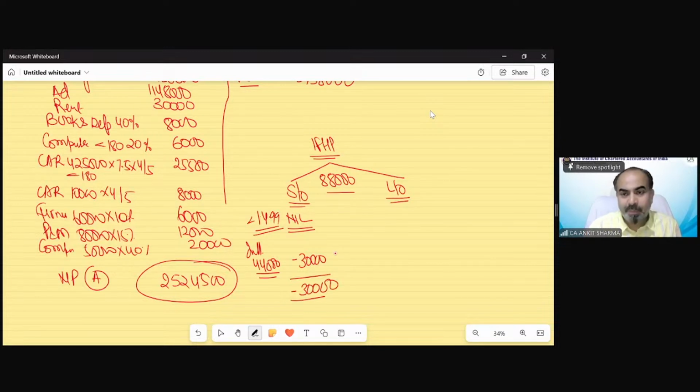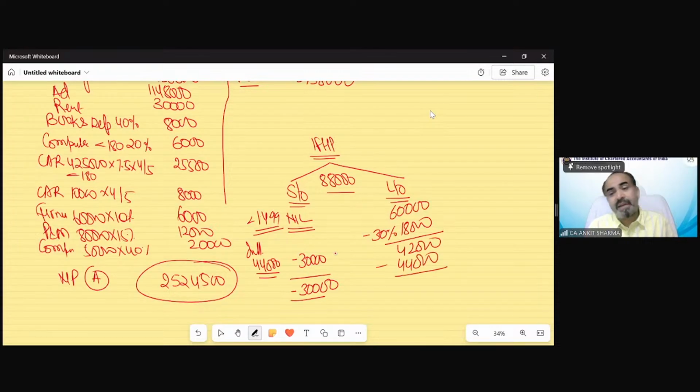For the let out property, the rental value was 60,000, out of which 30% reduction is 18,000. The remaining is 42,000, and the interest is 44,000. In case of let out property, we can deduct the whole amount of interest. So the net loss would be 2,000. Total house property loss would be 32,000 rupees.